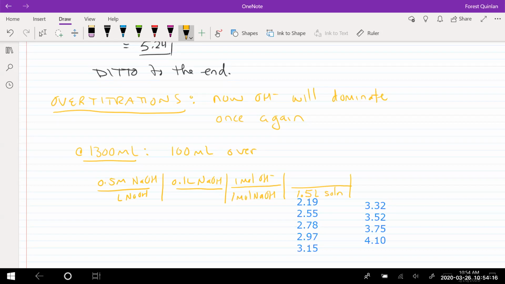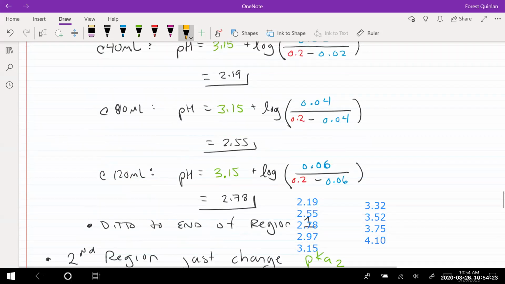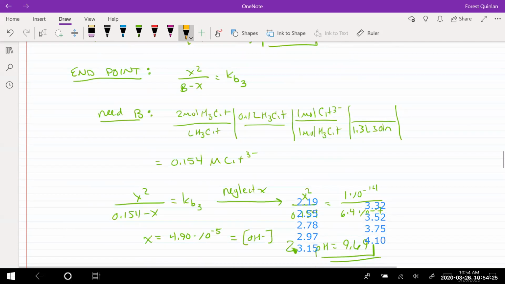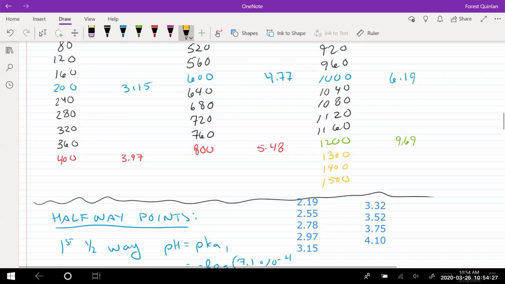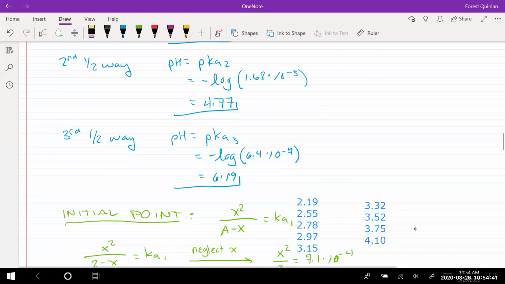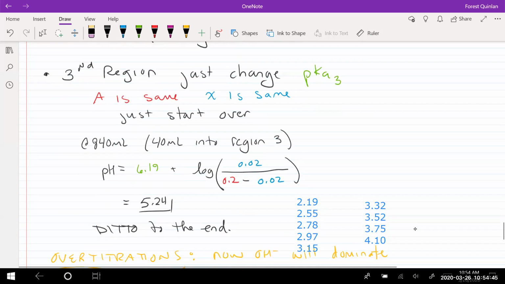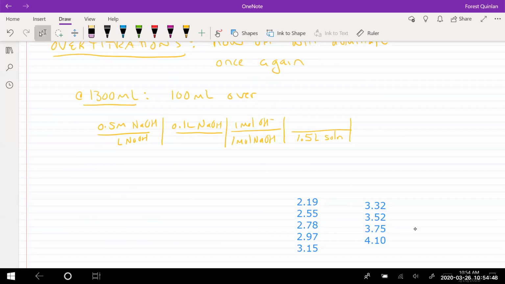You know how to do it. We had 100 mils to begin with, right? Wait, is it 15 or 14? Hold on. Let's go back to our chart. Oh, we're at 14. Sorry. 100 mils to begin with, 1,200 to get to the end. So that's 13 plus the 100 mils that we just went over is 14. I apologize for that. I can't do math now. So it's 1.4.